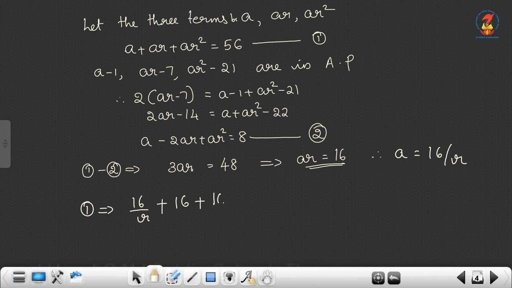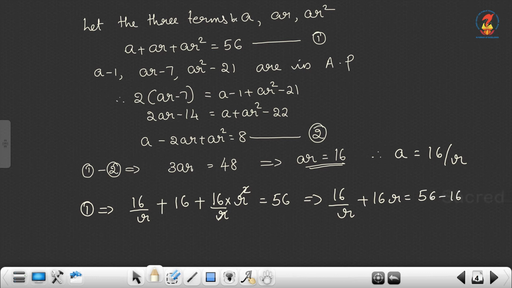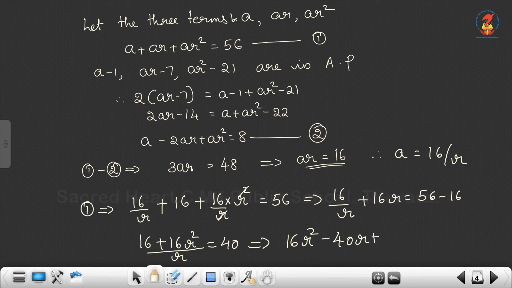What is a? 16 by r into r square. So r and r cancel. Is equal to 56. Which implies 16 by r plus 16r is equal to 56 minus 16, that is 40. So 16 plus 16r square by r is 40, or quadratic equation 16r square minus 40r plus 16 is equal to 0.